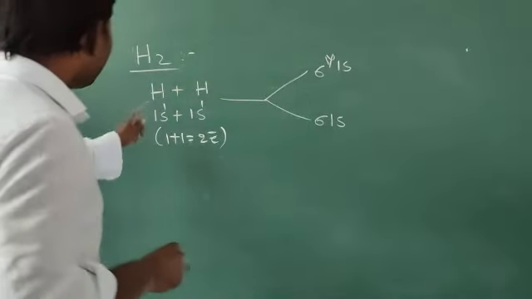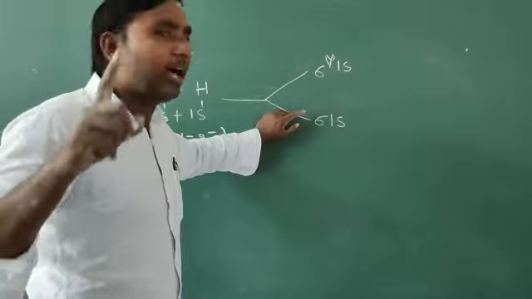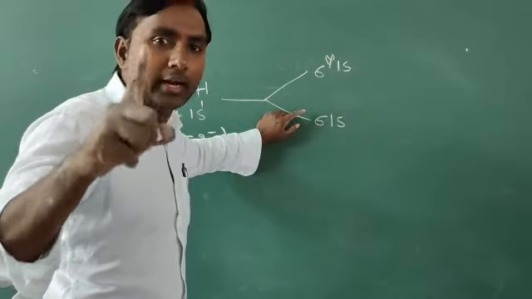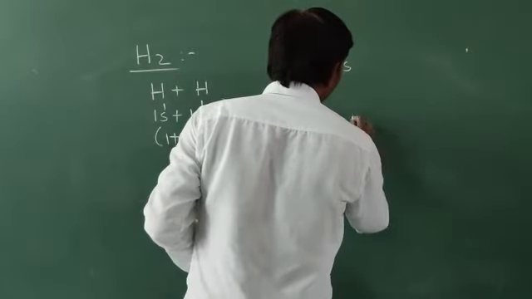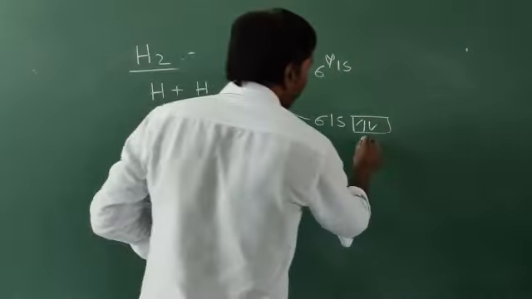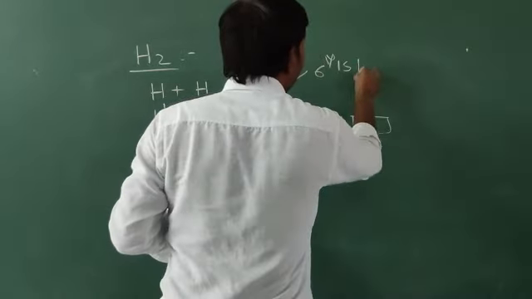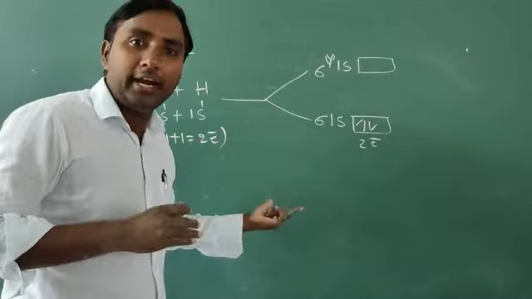Here 1 plus 1 is 2 electrons, and one orbital has a capacity of 2 electrons. That's why these 2 electrons fill here only. The anti-bonding orbital is empty because the 2 electrons are completed and there is no third electron.